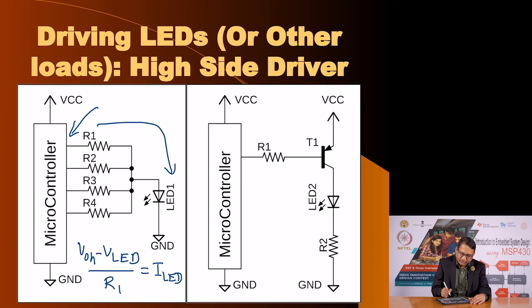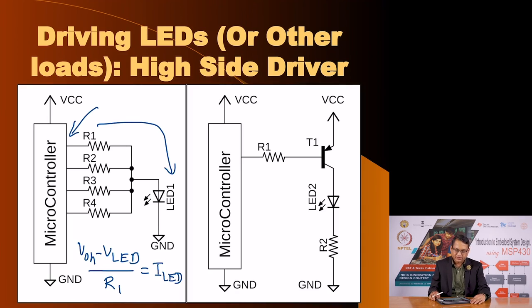And since we have 4 resistors, if these 4 resistors are equal, we would have a sum of all these 4 currents flowing through the LED, and we can drive the LED with a higher amount of current than is possible with a single microcontroller pin.